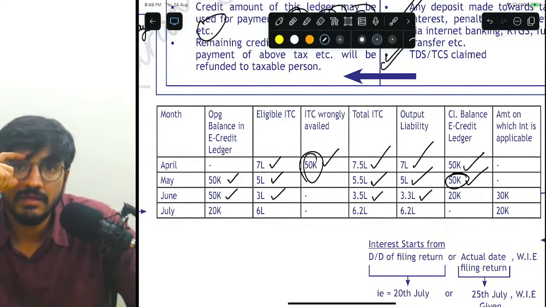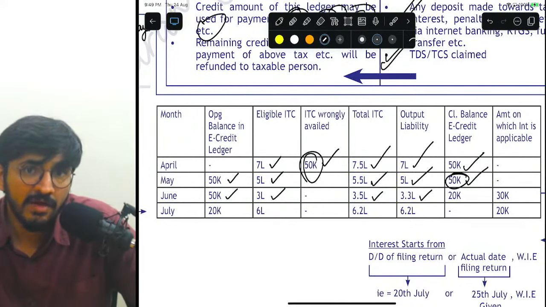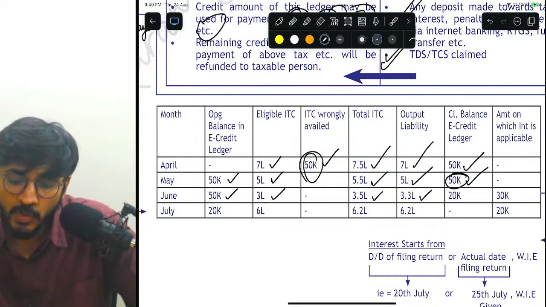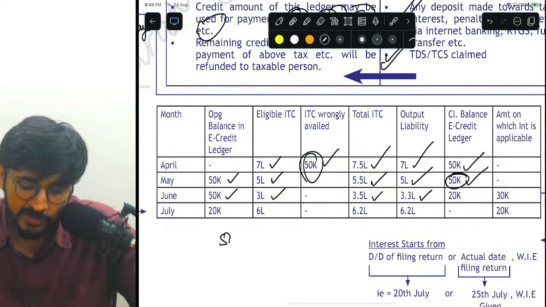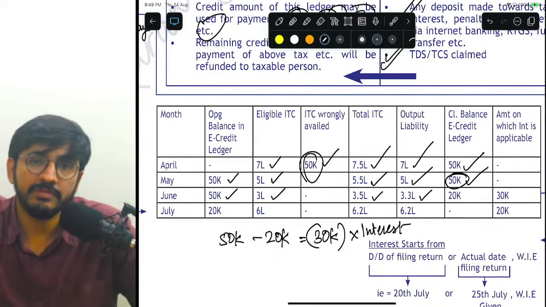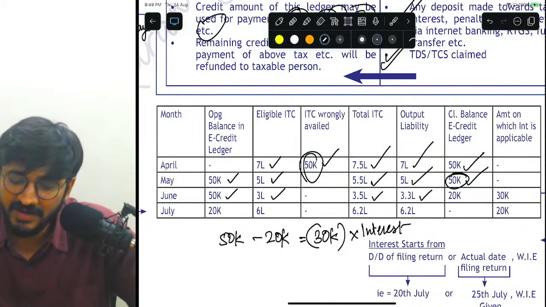The wrongly availed ITC is 50,000, and the balance that is now available is 20,000. That clearly means you have used 30,000, which is why interest will now start levying on 30,000.